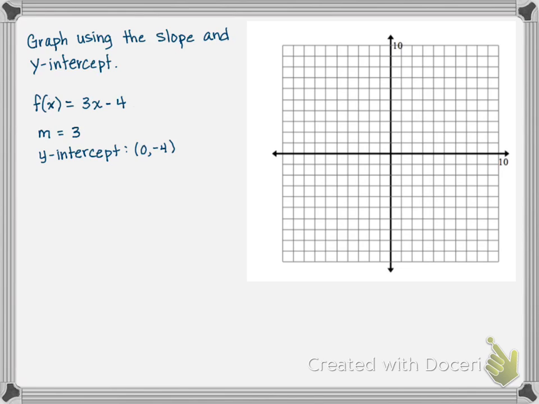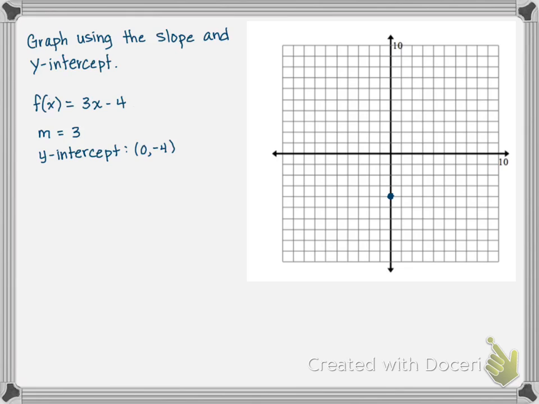So to graph using the slope and y-intercept, well, to graph any line, all we need is 2 points. So it's nice because we already have one, which is 0, -4. 1, 2, 3, 4. It's this point right here. And then we're going to use the slope to find a second point. Remember that the slope is the change in y when x increases by 1 unit.